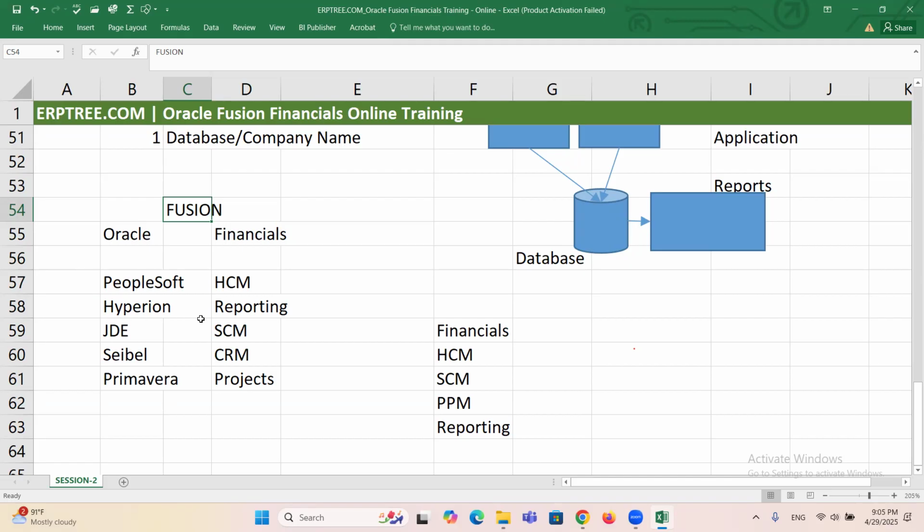The original source is PeopleSoft. And reporting tools are from Hyperion. But all this you see as Oracle products now. Now this all became Oracle. Now this all became Oracle PeopleSoft. This we call Oracle Hyperion. Oracle JD Edwards. Oracle Siebel.